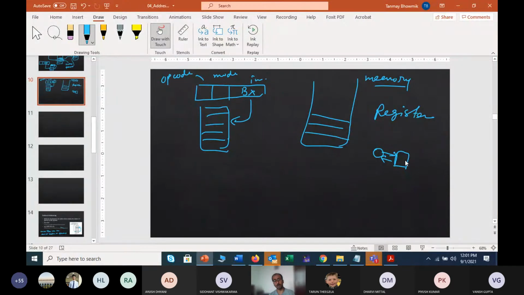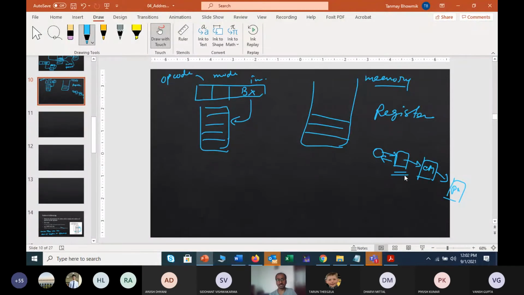If they have the data, it will be passed to the processor. But if they don't have the data, it will be searched in the cache memory. Then if the cache memory doesn't have it, it will be searched in the primary memory, and so on. So the register is a separate section, right?